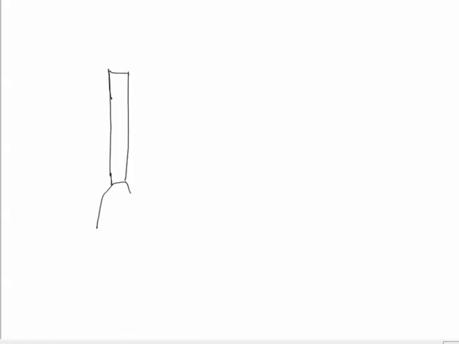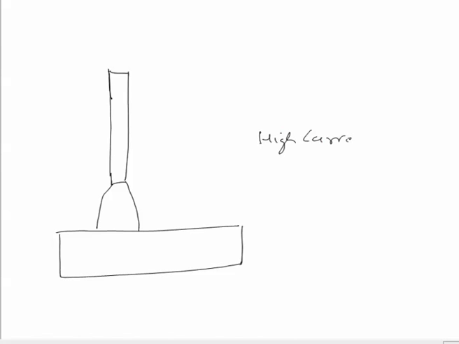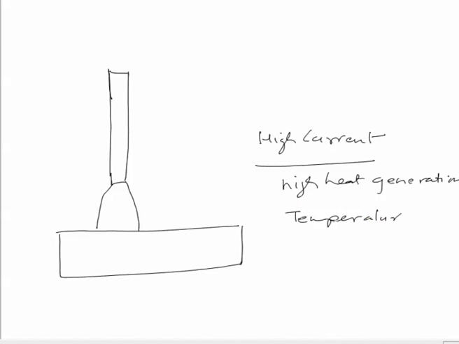Under these conditions the arc is established between the electrode and the workpiece. In this case, the prerequisite is high current. High current results in high heat generation, and this increases the temperature in the arc zone.